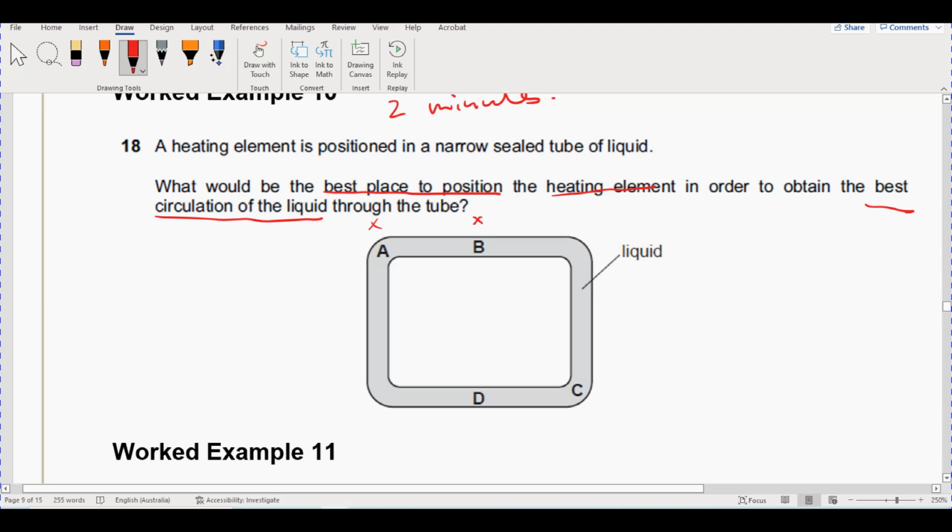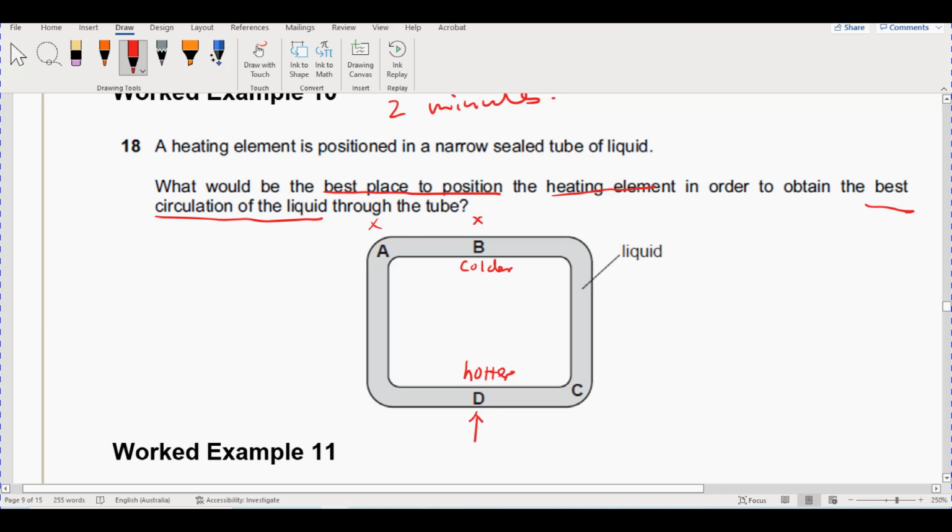I guess many of you have chosen D because you want to have D being heated up. So if you put your heating element at D, this part becomes hotter, and the rest becomes cooler.